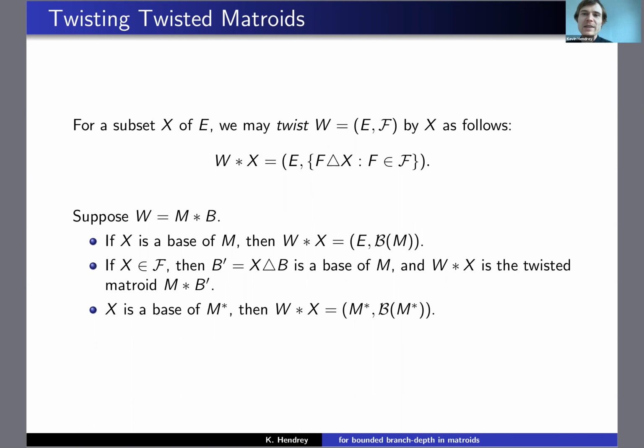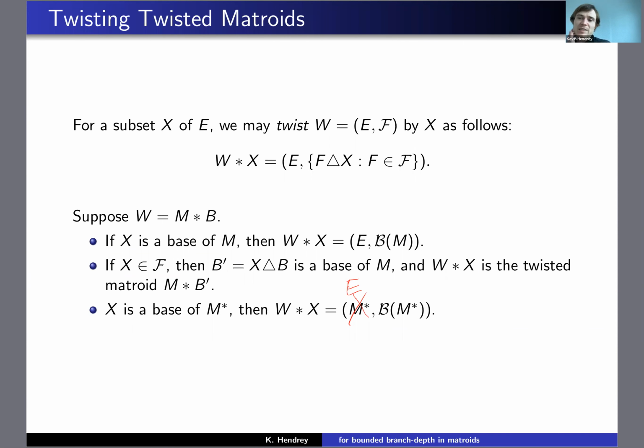If we twist with respect to another feasible set, then we get another twisted matroid back with respect to the same matroid. And if we twist with respect to a base of the dual of the matroid, then we get back the dual matroid.